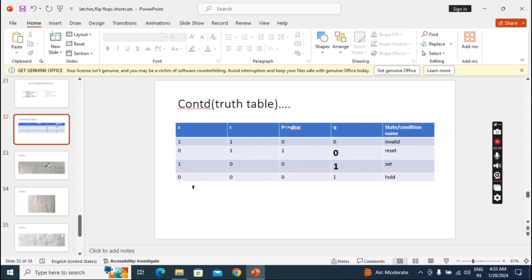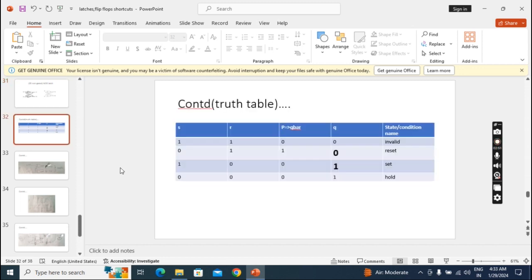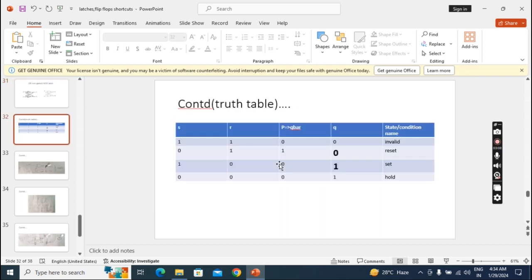I don't know the second input of each gate, so I cannot predict the output, because there is no output at that time to feed back. So we have to start from 1 1. Even with 1 1, even though there is no second input, we can predict the output based on the NOR gate definition, because in a NOR gate, if any one input is 1, output is 0. Like that we can predict.